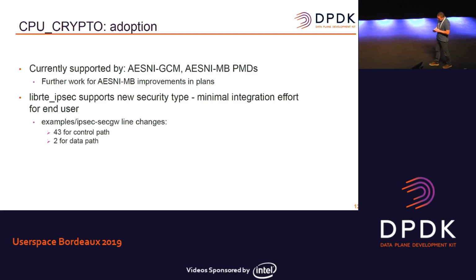Also, we added support for this new API into the IPsec library, and that simplifies adoption of this API quite a lot. As I said, we also changed the gateway sample application, and all we have to do is change two lines of code on the data path. That's it, basically.